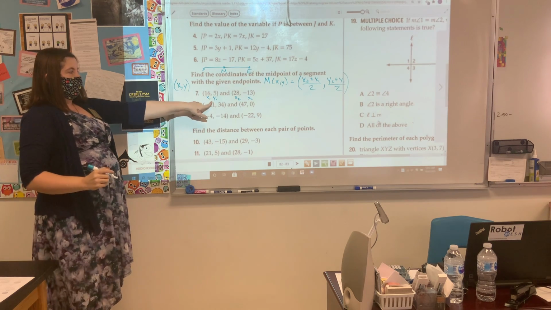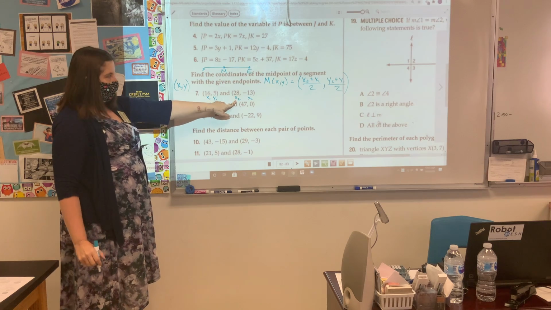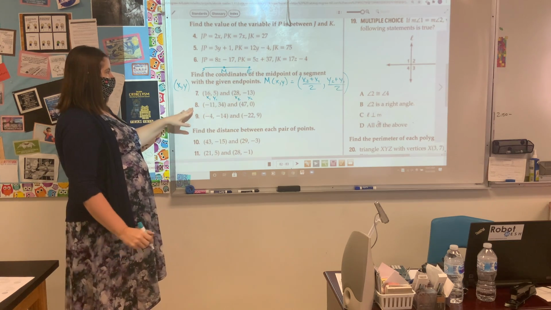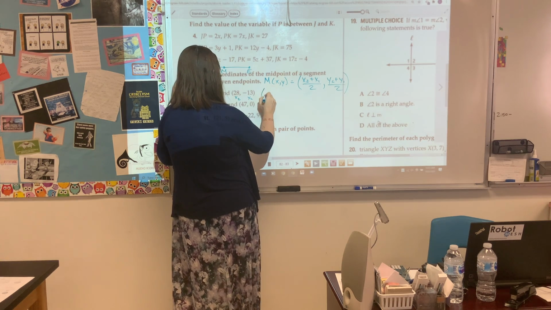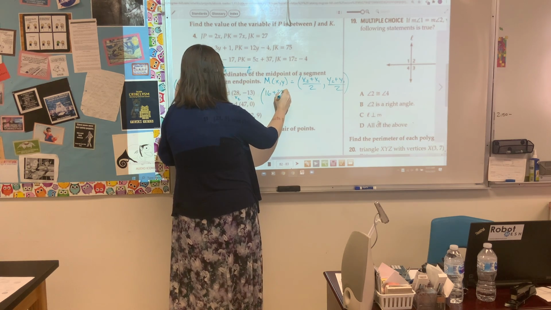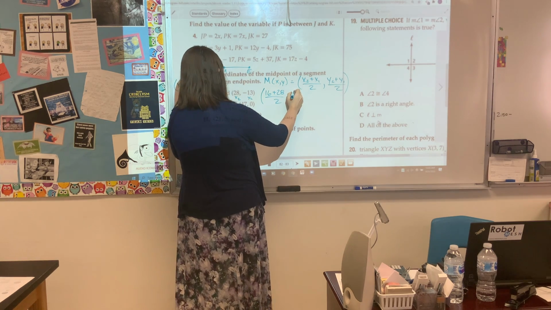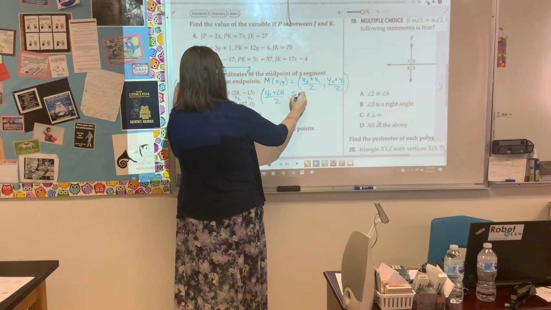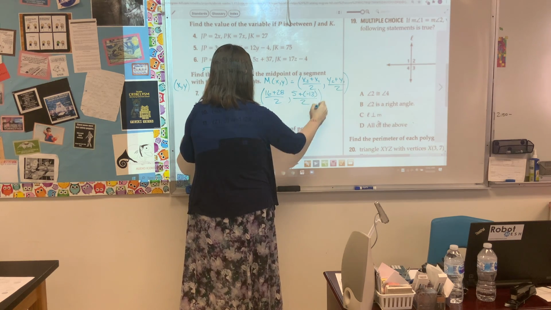So this first one is point 1, x1, y1. Second one, x2, y2. So my midpoint here is going to be 16 plus 28 over 2 and 5 plus negative 13 over 2.